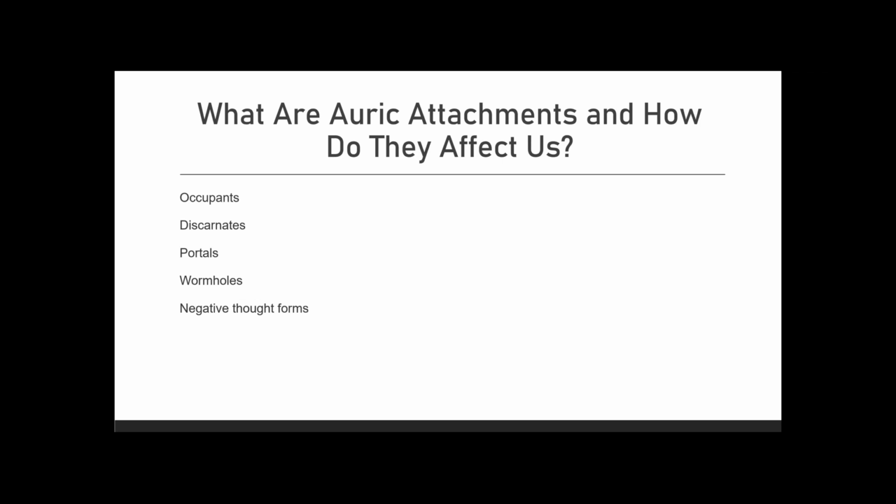How many of you have been around people like that? Or you've had a phone call with someone and you noticed your energy went down after the call? Yeah, so that's a signal that you may have an open portal in your field.